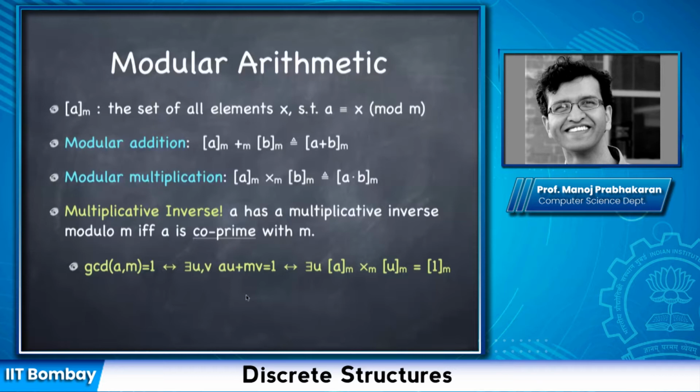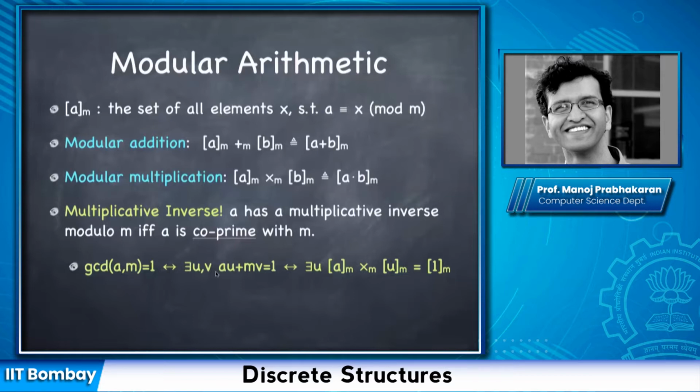But the column MV false is the 0 column, and that's the identity element. So what you're left with is the column AU false is the same as the column 1 false, and the column AU false is the column A false times the column U false under the definition of this product. That is the definition of this multiplication, modular multiplication.